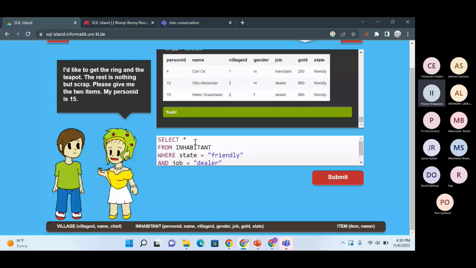So we're going to update the column that's called items, and we have the set.